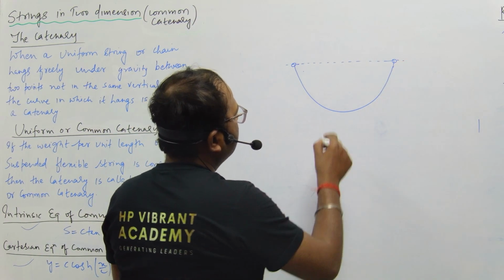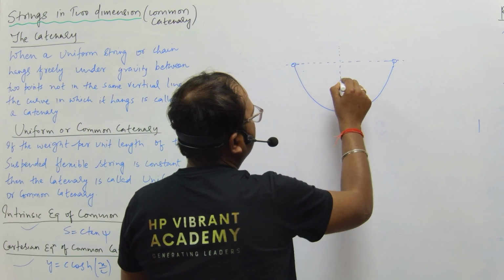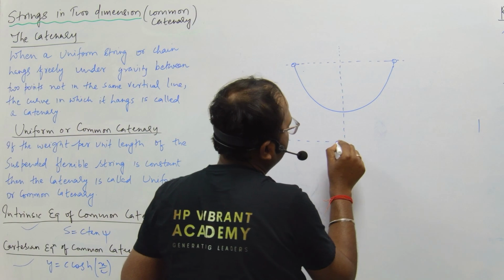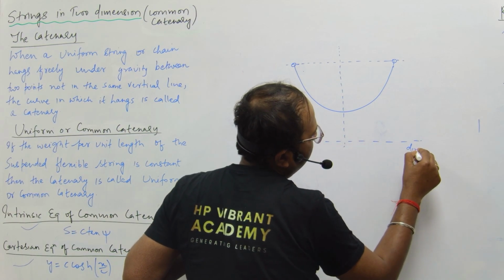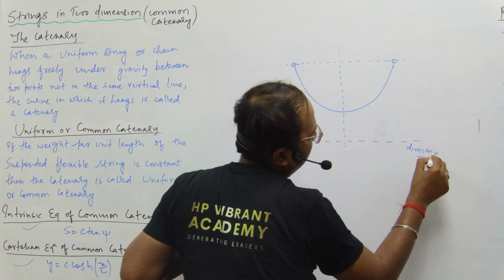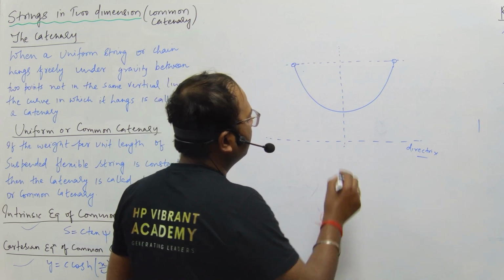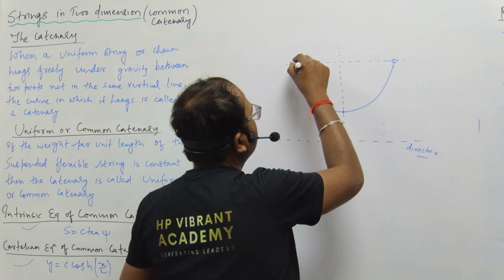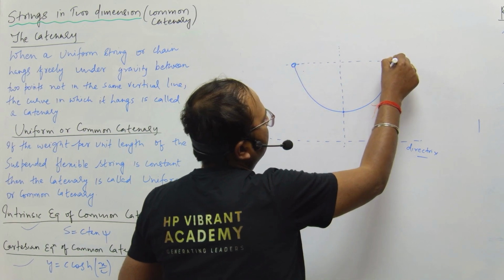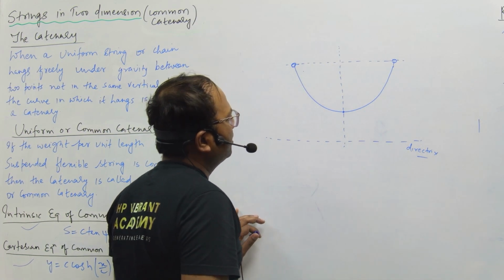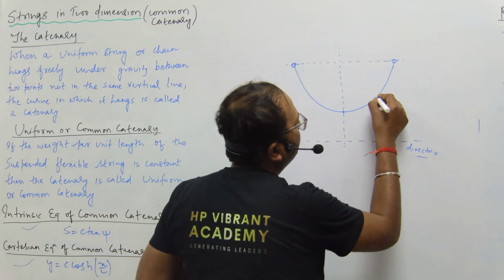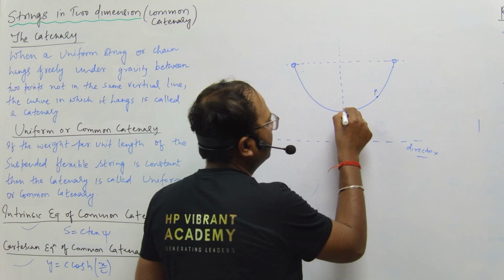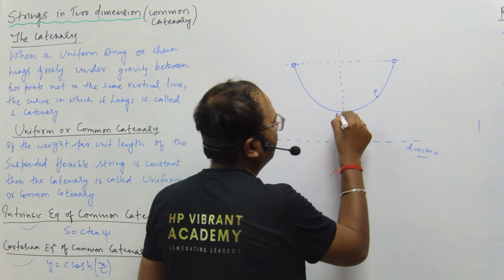This is the axis of the catenary, and this is the directrix of the catenary. This is the vertex of the catenary. Now let us consider a point P here, and let us consider the vertex of the catenary as point A.